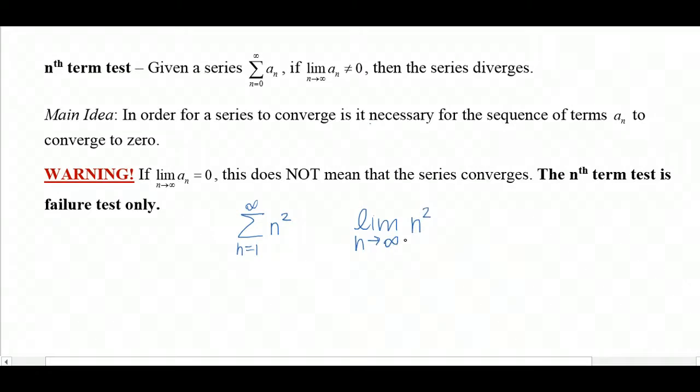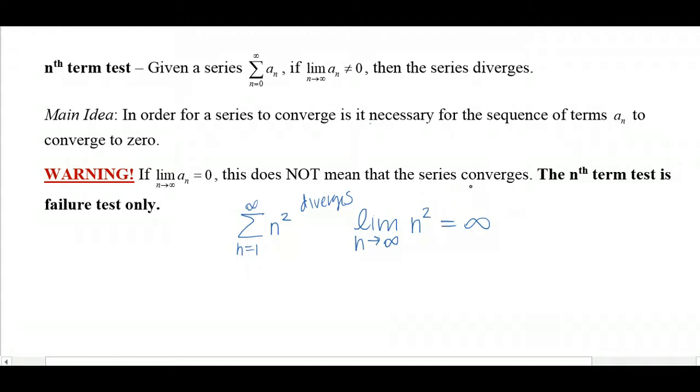So as n approaches infinity, if I start plugging in really big numbers and squaring them, this is headed towards infinity. So by the nth term test, the original series has to diverge. So this original series diverges because this limit does not equal 0, right? This limit does not equal 0.